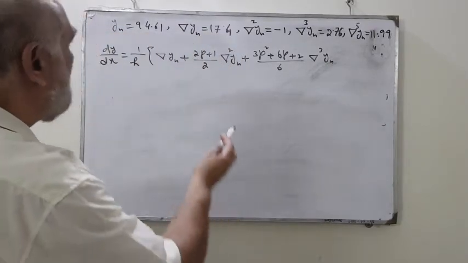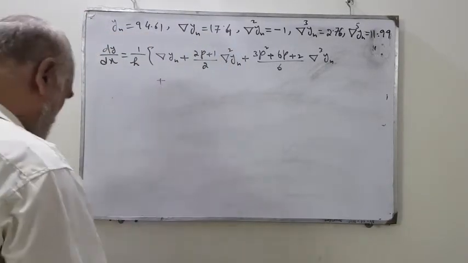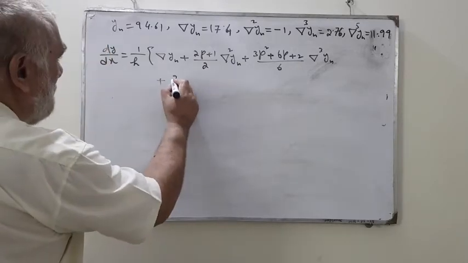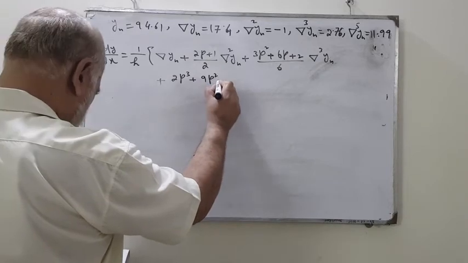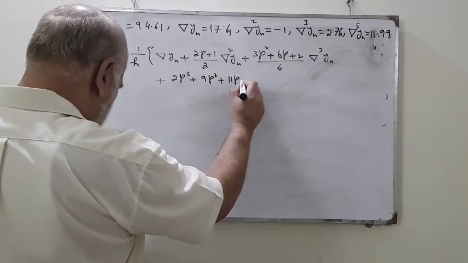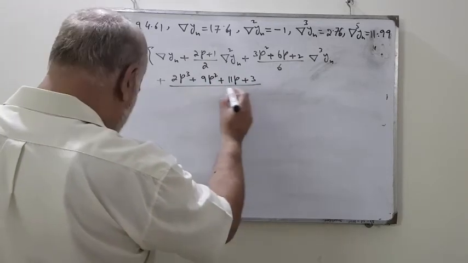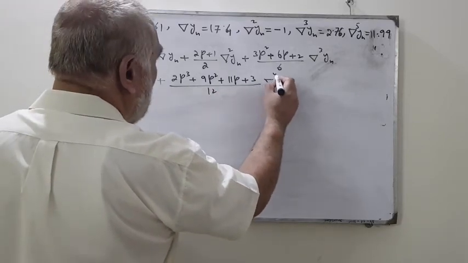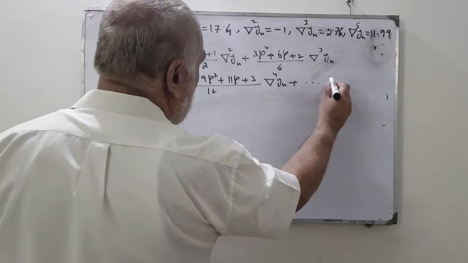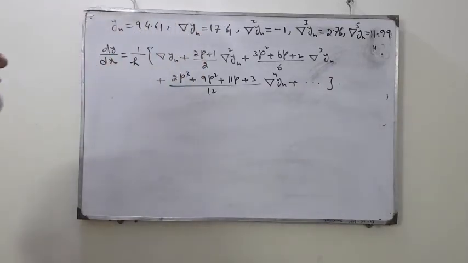And the fourth difference term can be written in the form of (2p³ plus 9p² plus 11p plus 3) divided by 12 times ∇⁴yn, and so on. So this is the formula we have to make use of.